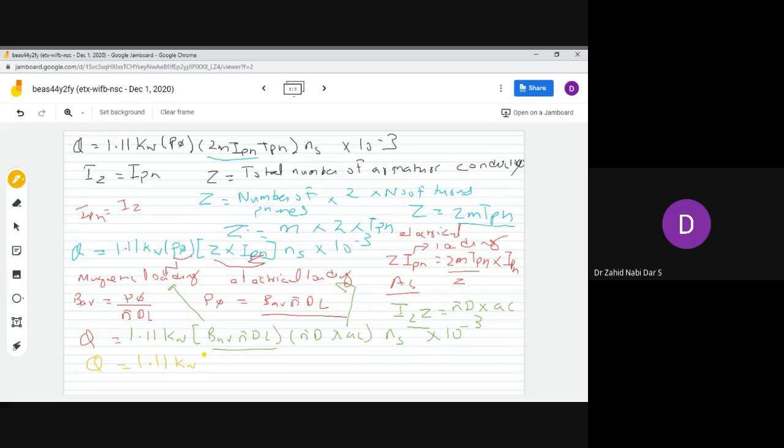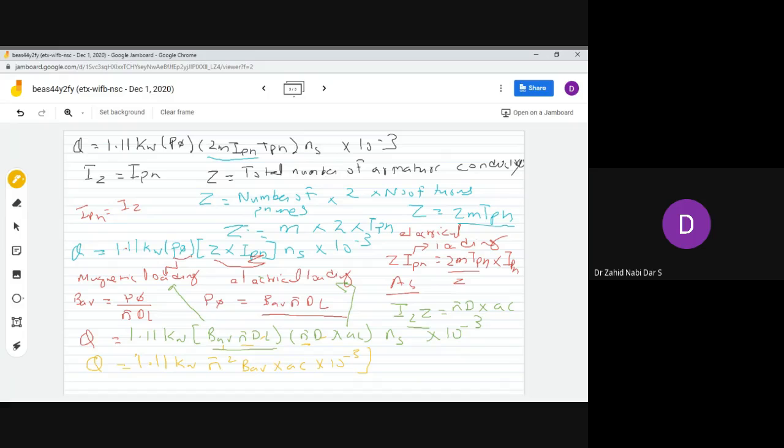Here there is one pi, here there is one pi, so pi square. Here there is d, here there is d, so you can write d square also. Here you have BAV, and AC into AC, kW into 10 power minus 3.